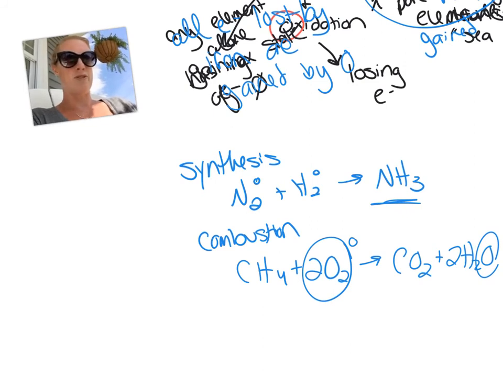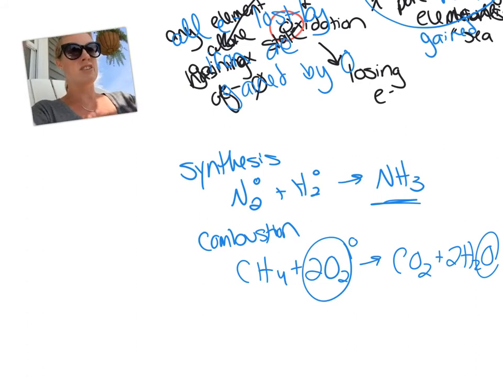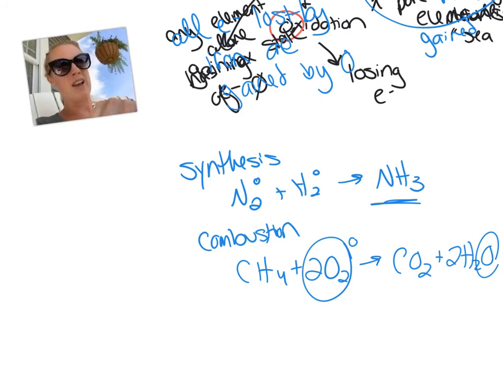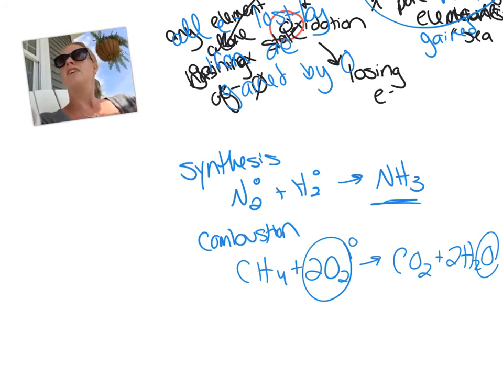It goes from -4 to +4, and your oxygen's the one that gains the electrons. Oxygen's really good at gaining electrons. Sorry, oxygen is very easily reduced. So when something reacts with oxygen, it's very easily oxidized.